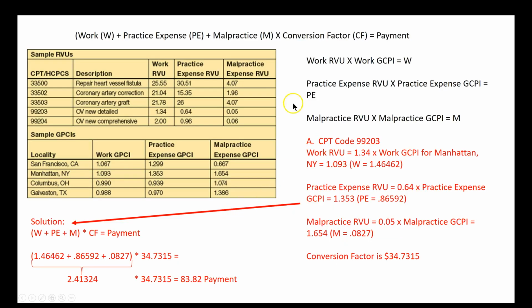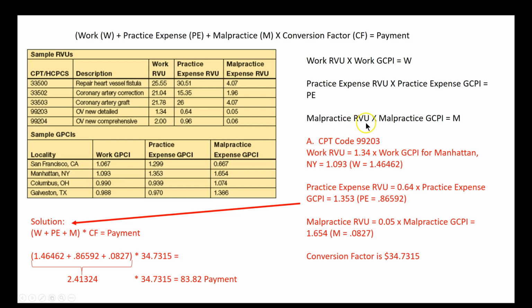So this is how we start. Work relative value unit times the work GPCI equals the work component of this formula. So when we're looking at this, the practice expense relative value unit times the practice expense GPCI will give you the practice expense index.